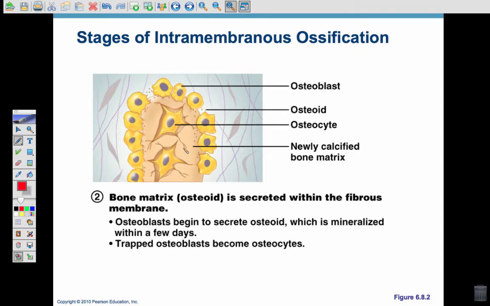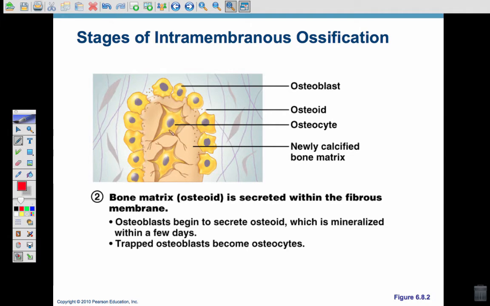Eventually, the osteoblasts turn into osteocytes, especially once they've been trapped in the osteoid for a while. The ones that are still dividing, that are still producing the osteoid, remain on the outer edges of the ossification center.